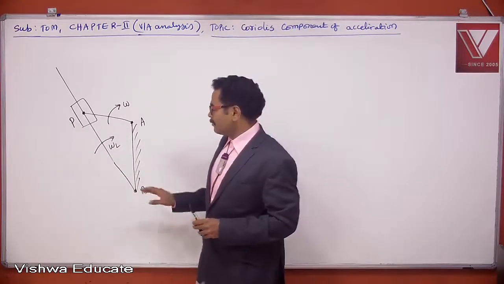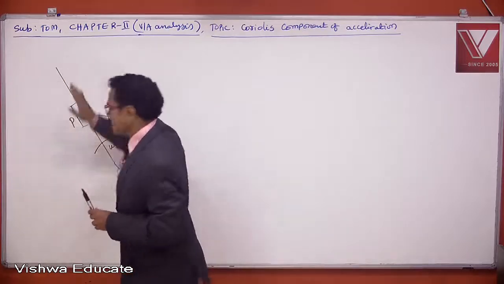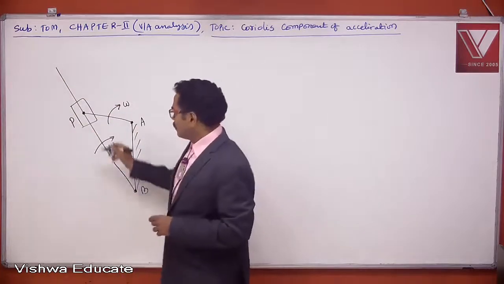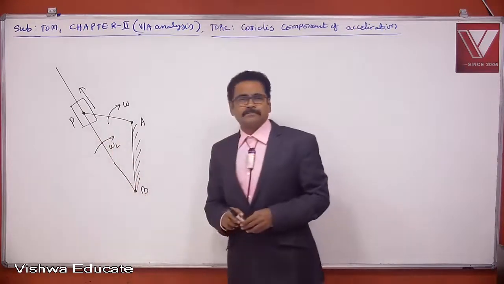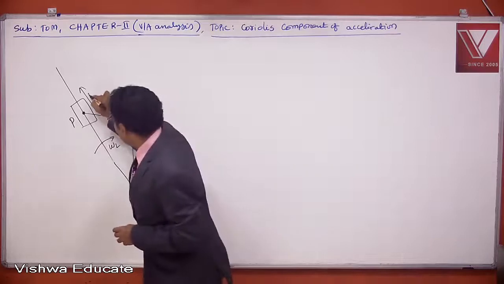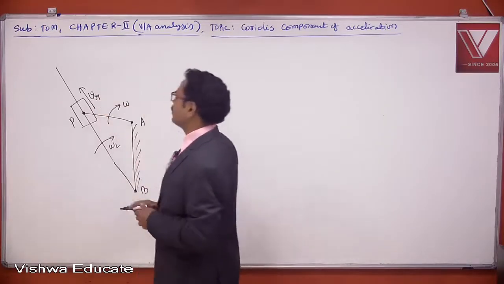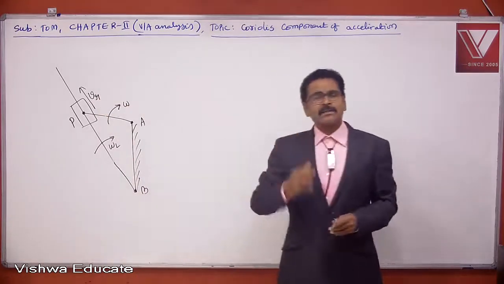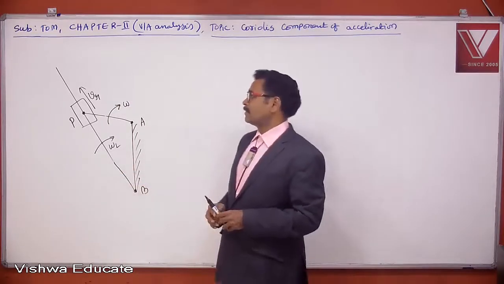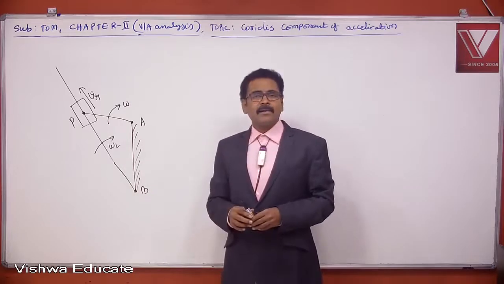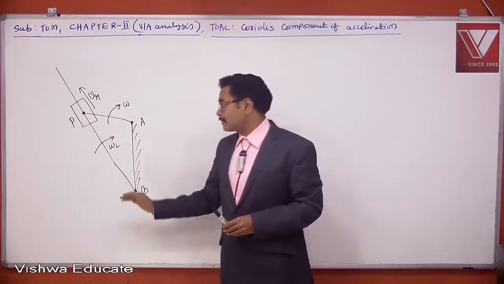At the same time, the slider is sliding on this lever. The slider tends to move in radial direction like this. I may call radial velocity of slider as VR. So here, slider is having rotation by virtue of rotation of lever. At the same time, it is sliding on lever in radially outward direction at this instant.